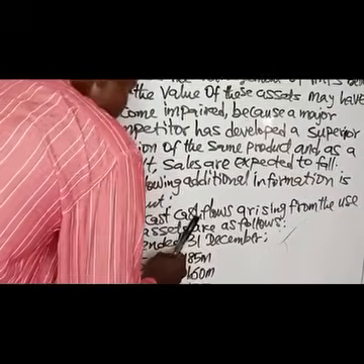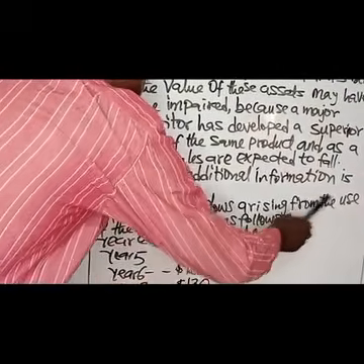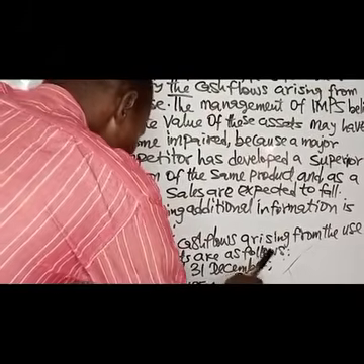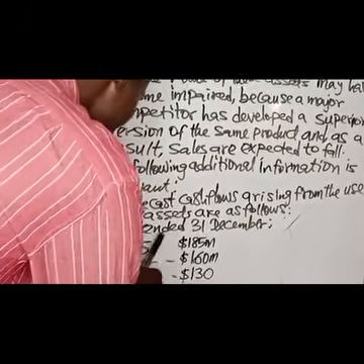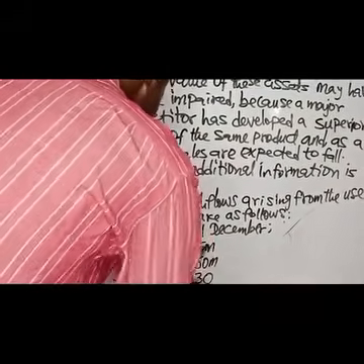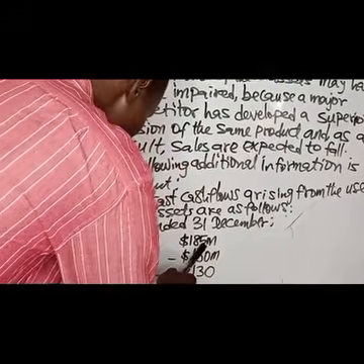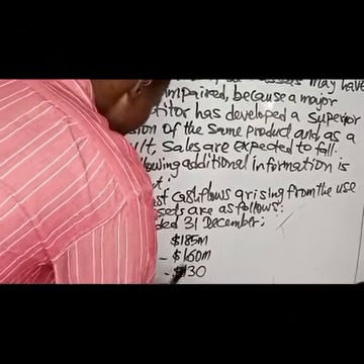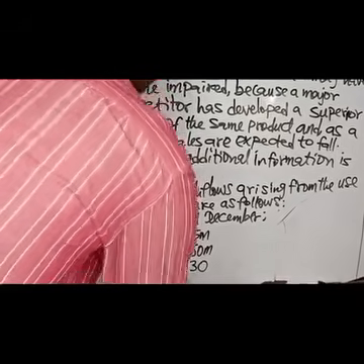Forecast cash flows arising from the use of the assets are as follows. Year ended December: Year 5, 185 million. Year 6, 160 million. Year 7, 130 million.